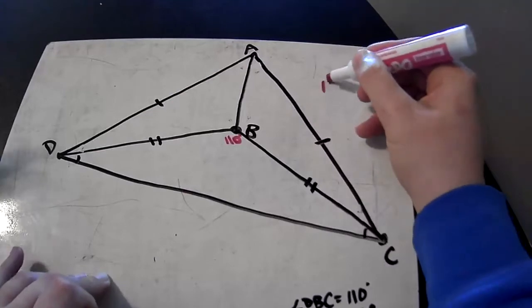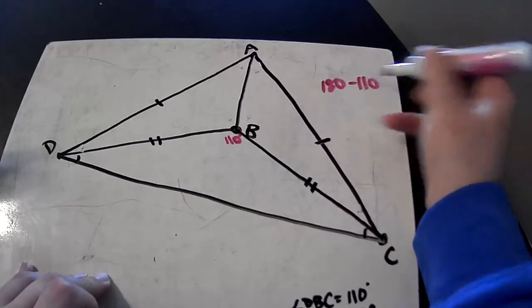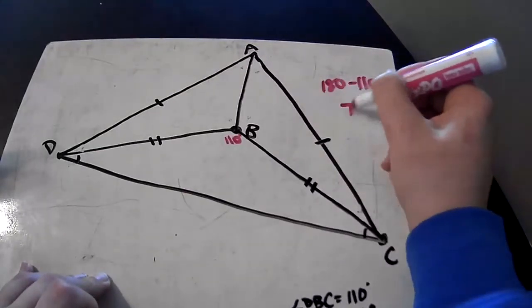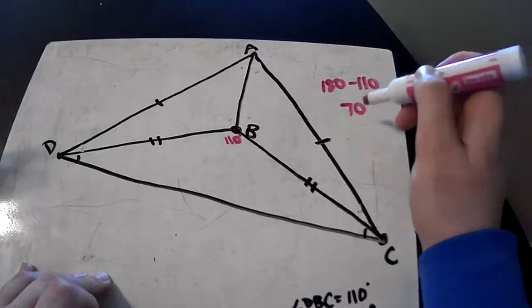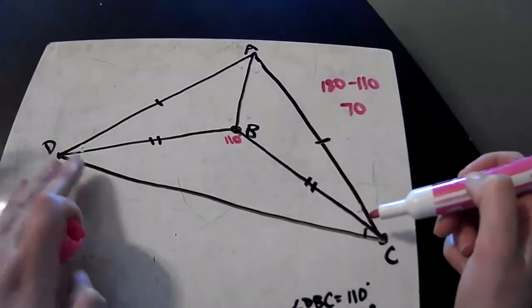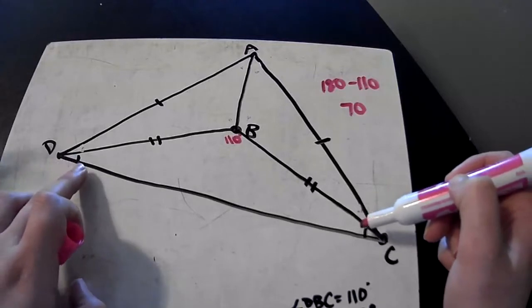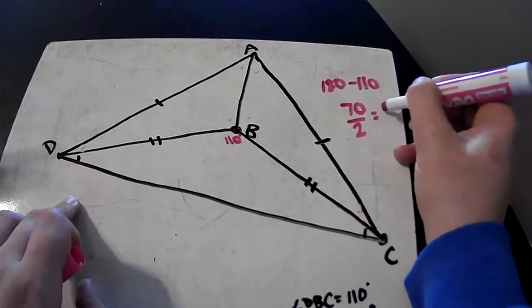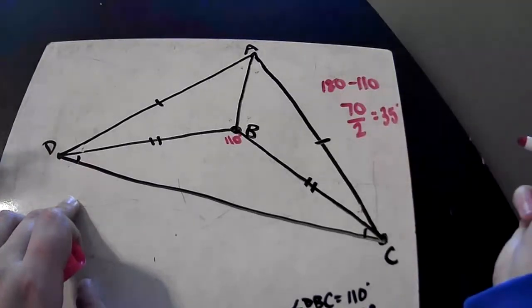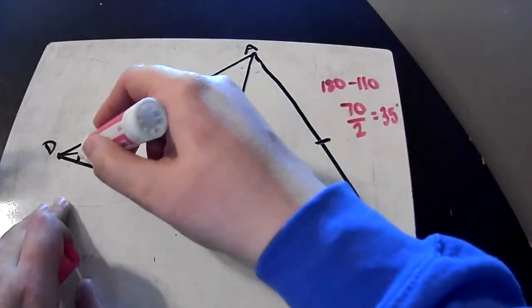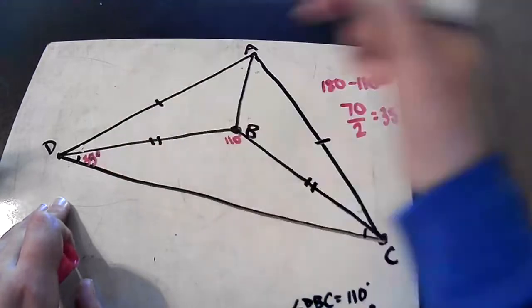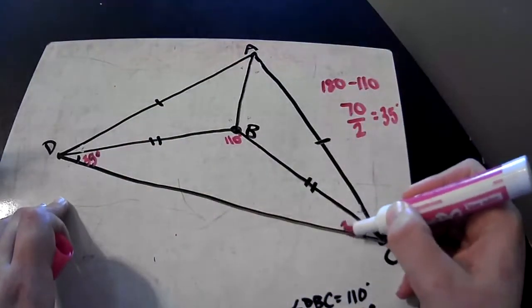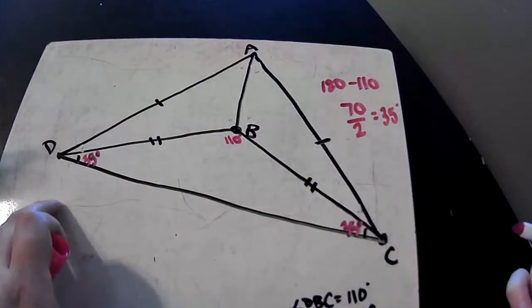So I'm going to do 180 minus 110. That's going to leave me with 70 degrees. And I know that 70 degrees has to be split evenly between the two base angles in this triangle. So I'm going to do 70 degrees divided by 2, and that's going to give me 35 degrees. So now I know that this angle is 35 degrees, and this angle is also 35 degrees.